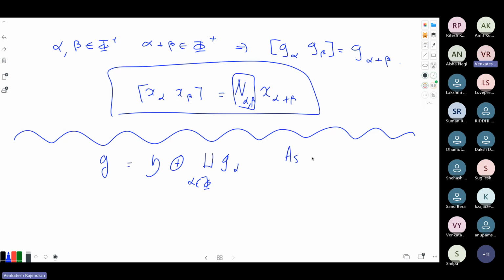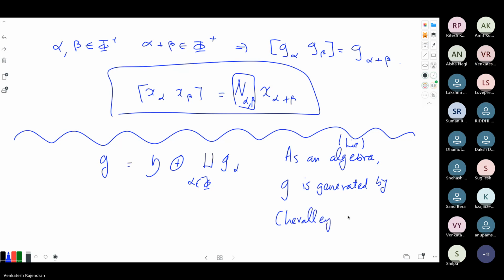So as an algebra, of course, Lie algebra, g is generated by Chevalley generators. We will see in a minute what they are.